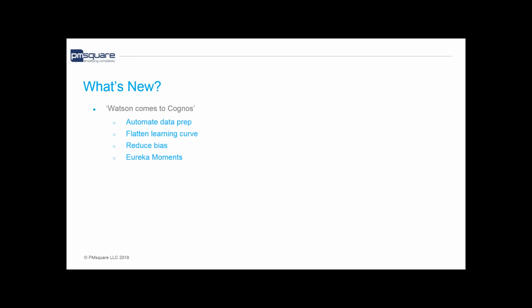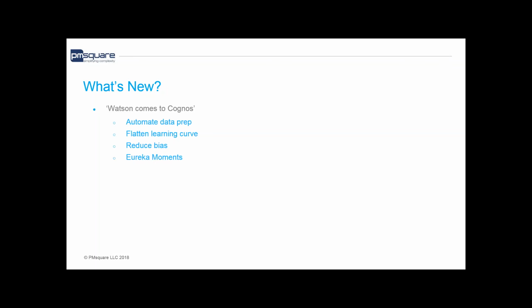Now, what does that mean? It means automating data prep, making it easier to learn Cognos and interact with Cognos, but also to reduce bias. And this is something that I hope to show in the demo today, how the new feature set really does. It's easy to build a visualization and say, aha, I've identified the important relationship here, but the new version will allow you to dig a little more deeply than that and see what's going on in the data and uncover areas where there may be some bias in your data that you wouldn't have recognized otherwise.